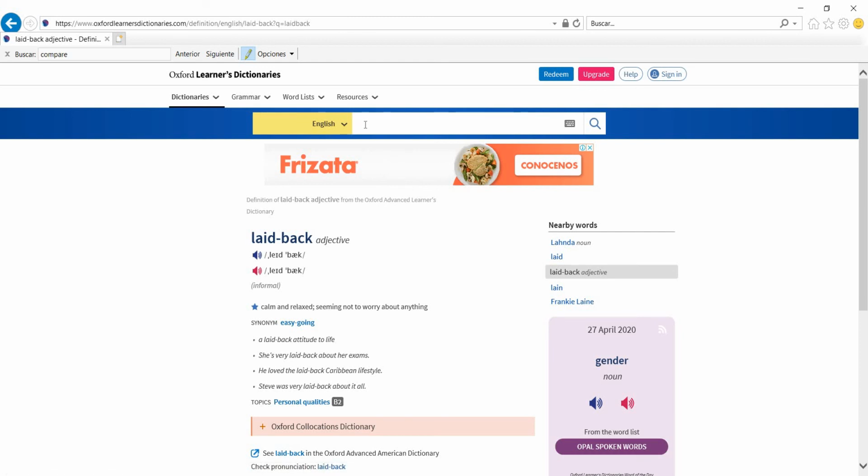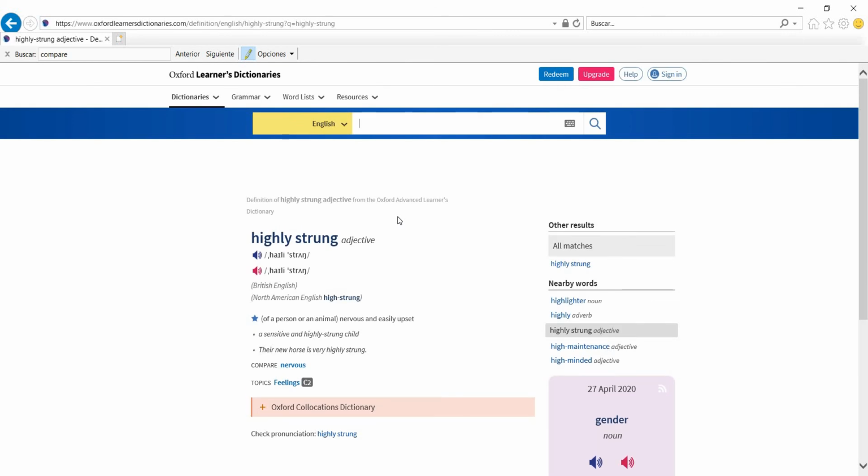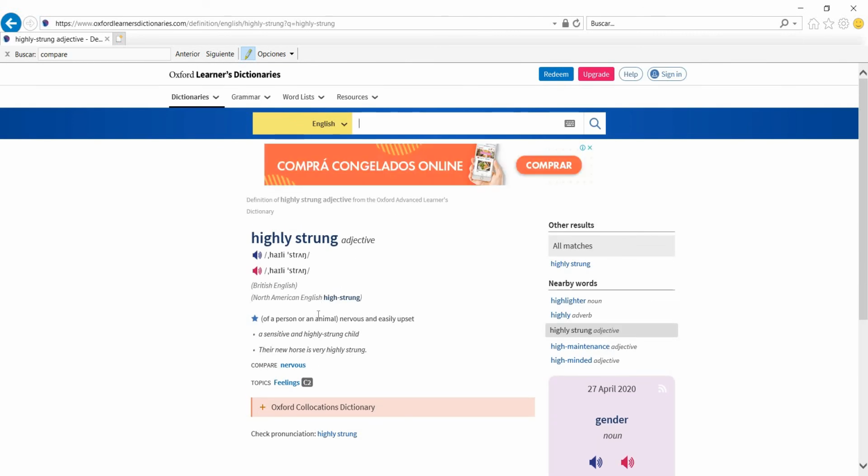Do you think you know the opposite of laid back? So we have highly strung in British English. Maybe you knew this word differently as high strung, which is American English, right? So meaning nervous or easily upset. So a highly strung child or, well, a horse, but also used for people, telling them they're high strung.